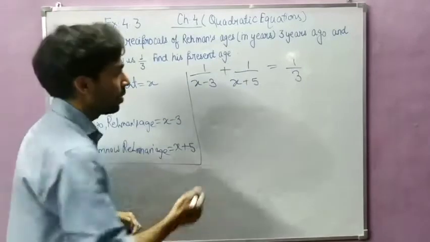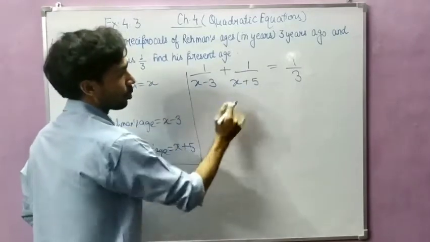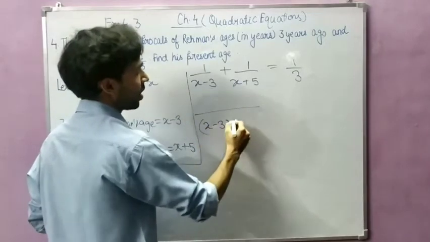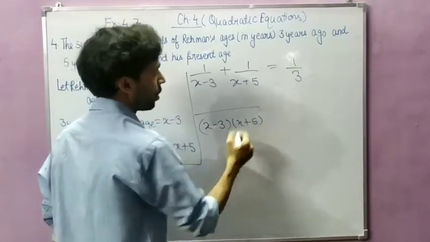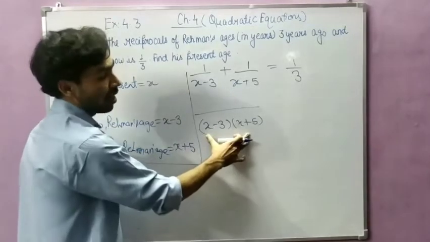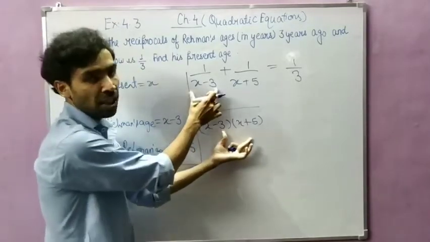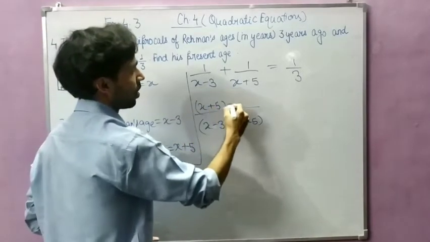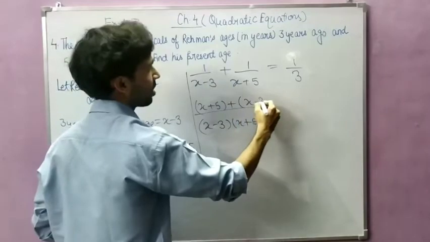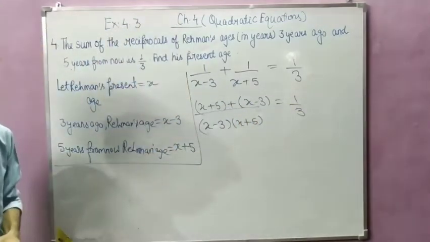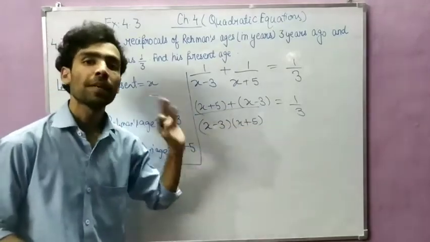So now solve it. Take the LCM of these two, which will be x minus 3 and x plus 5. When you take the LCM, this term will be divided by x minus 3, so x plus 5 is left here, and here x minus 3 is left. I told you this type of step in the previous class.